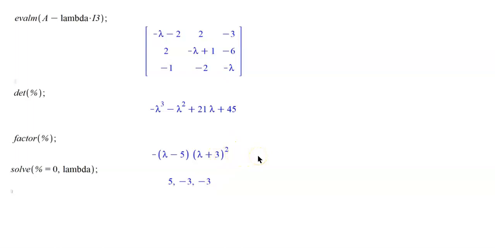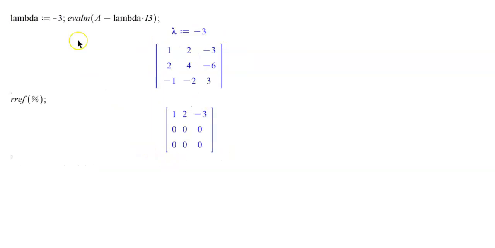Now we have the eigenvalues. We need to find the eigenvectors. So we're going to go back and plug our lambdas into this and then solve that system of equations. First looking at lambda equal negative 3, we plug that in, so we get this matrix. I row reduce it, and I get this when I solve it. Notice I have 1 pivot, 2 free variables.